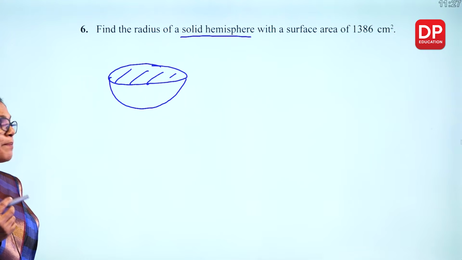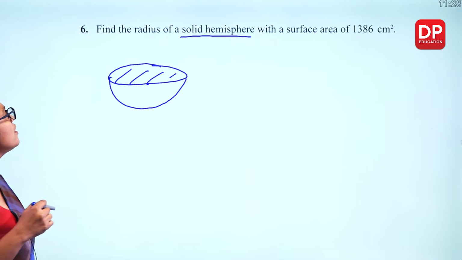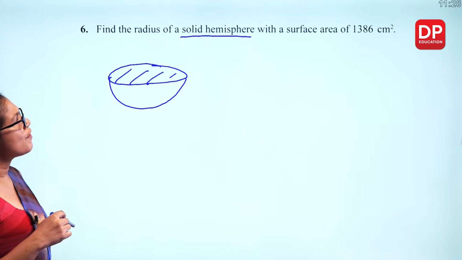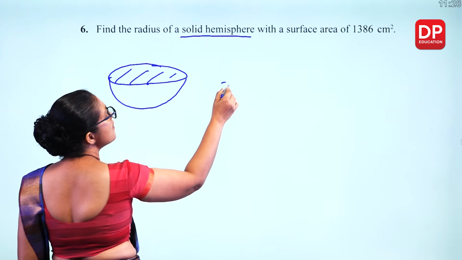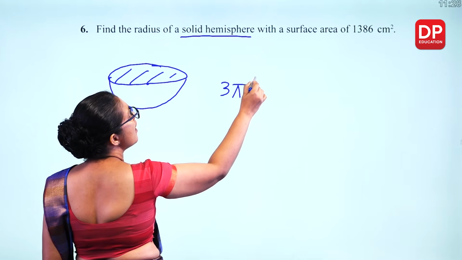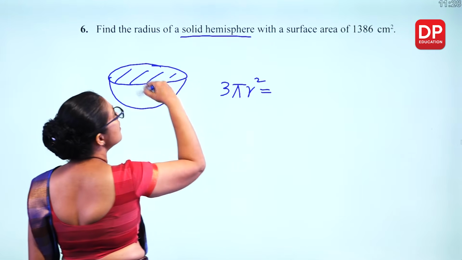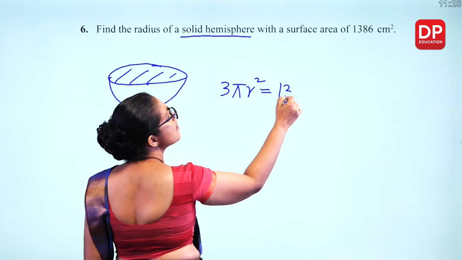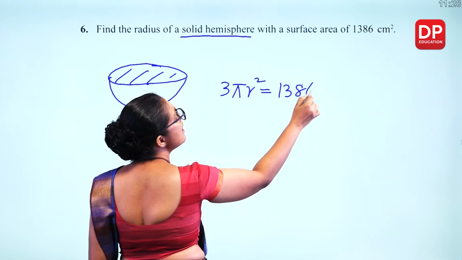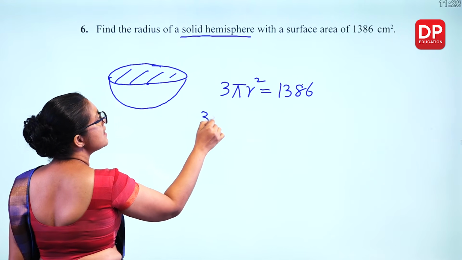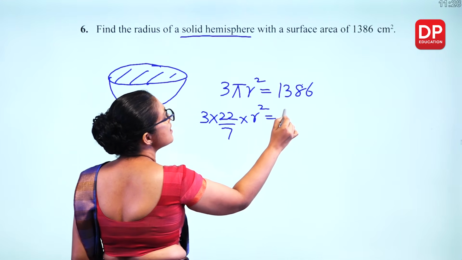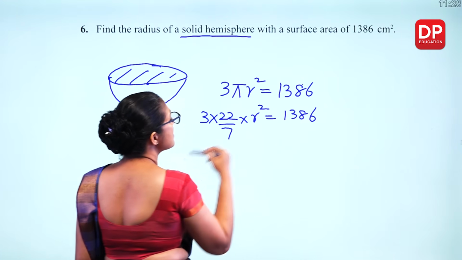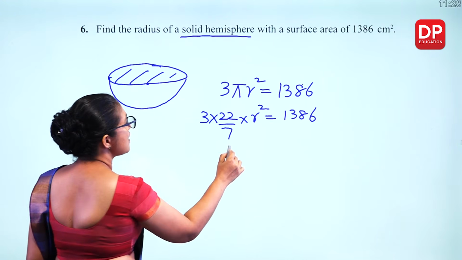What's that? 3 pi r squared. So you can use that formula to find the radius. 3 pi r squared is the total surface area, which equals 1386. So 3 times 22/7 times r squared is 1386. Then what is r squared?